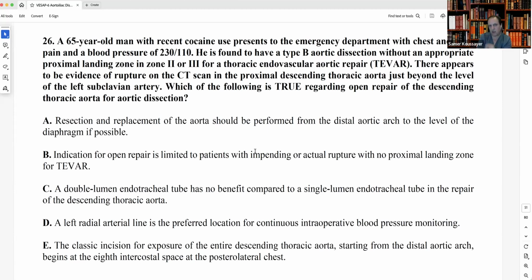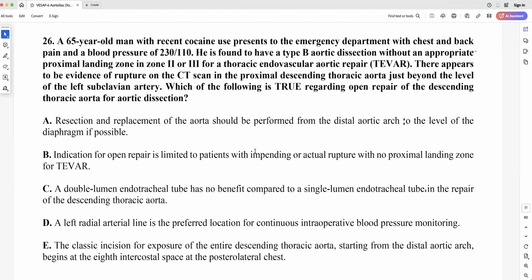So open repair only when you have a rupture and no landing zone, because if you have a rupture and a good landing zone, you do TEVAR. If you have no landing zone and no rupture, you can still do TEVAR because you have time; you can do debranching or whatever. But rupture and no landing zone is the only indication where you have to go with open.